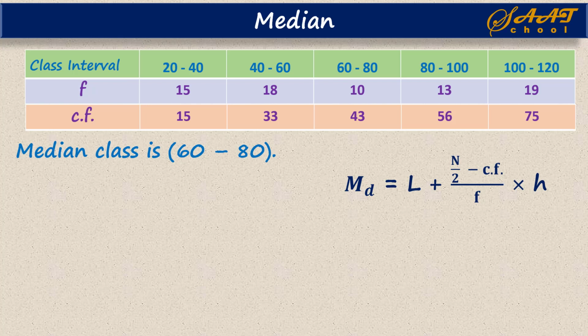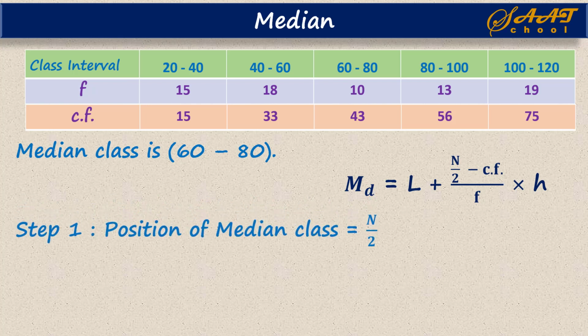To find the median, we have some steps. The first step is to find the position of the median class with the help of n by 2. Again, n is the sum of f. In this case, we have 75. So the last value of cumulative frequency, which is 75, is n.